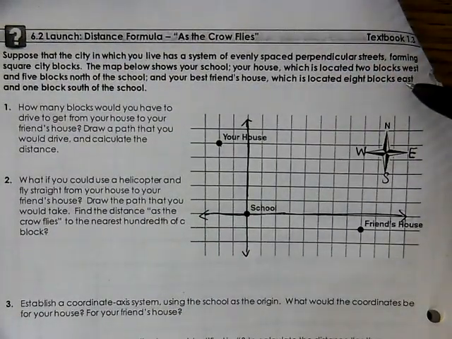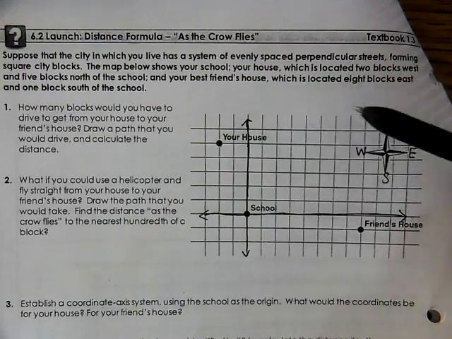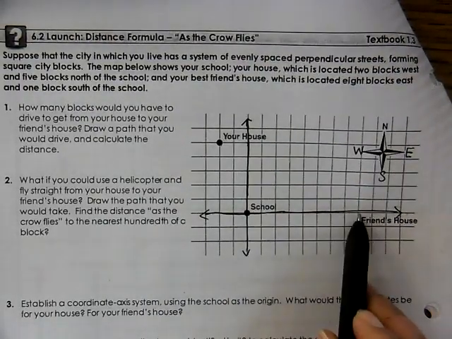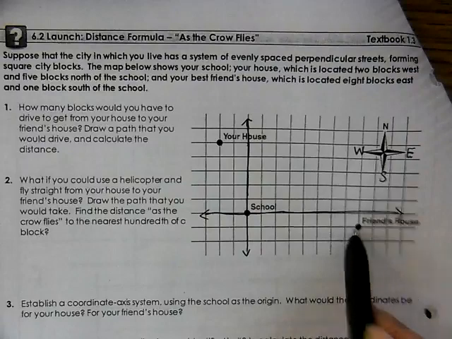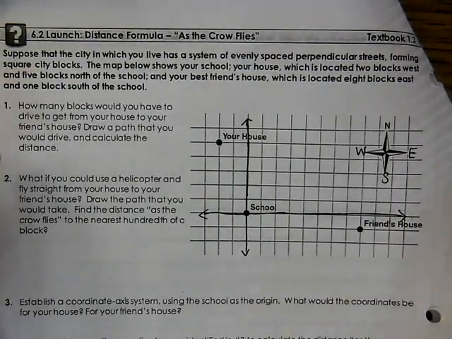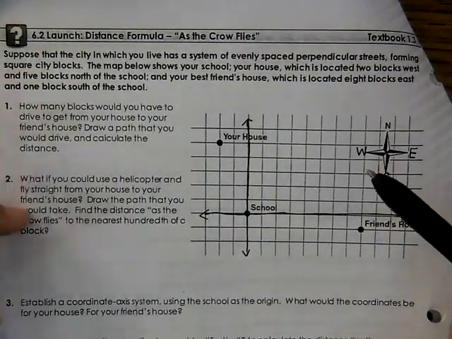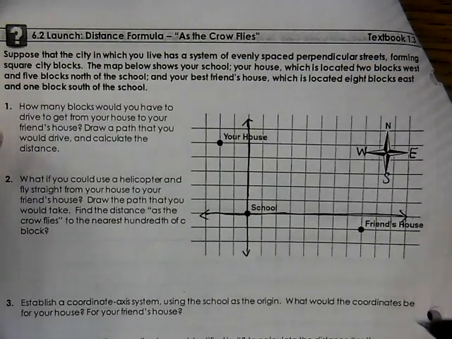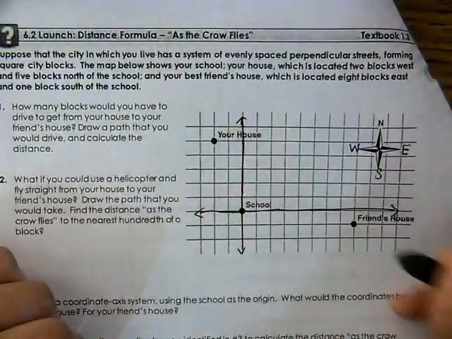And so they did say your friend's house is 8 blocks east and 1 block south of the school. That's exactly what we're seeing here. Right 8, down 1. Okay, so now it says, let's do some analysis. It says, how many blocks would you have to drive to get from your house to your friend's house? You want to draw the path that you would drive and calculate that distance. So if you're driving, you cannot go diagonally, right?